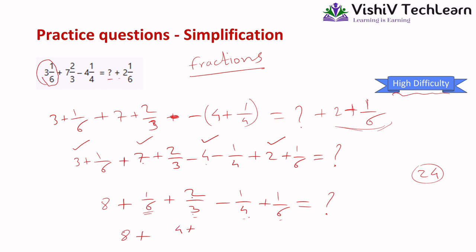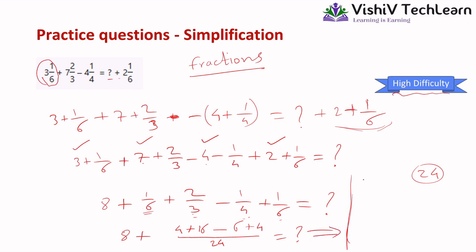Then plus, to make it 24 here, we have to multiply by 8. 8 3s are 24. So 8 2s are 16. Then minus, to make it 24 here, we have to multiply by 6. So minus 6. And here 6 4s are 24. So plus 4. And entire this will be divided by 24 is question mark.